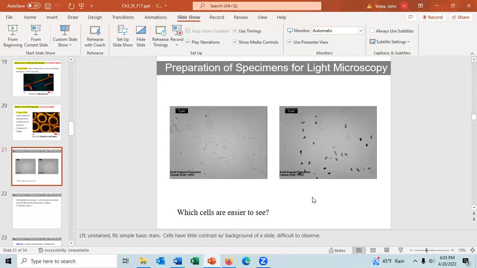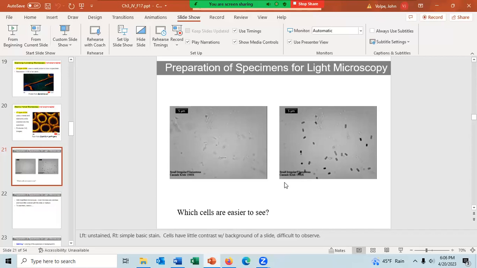The only difference between these 2 slides is one of them has the cells stained.